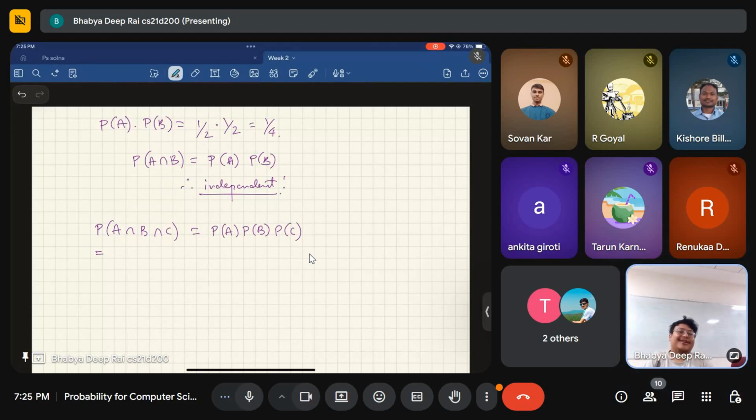Now again, I want to ask, is there an intuitive explanation for this, like I said about the previous part? Why are they not mutually independent?